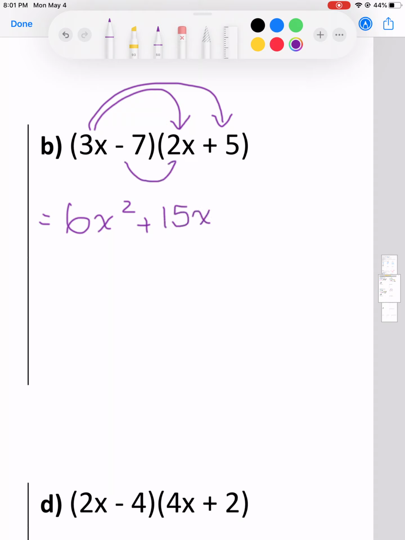Negative 7 times 2x, negative 7 times 2 is negative 14, and then just x because there's only one x. And then negative 7 times 5 is negative 35.